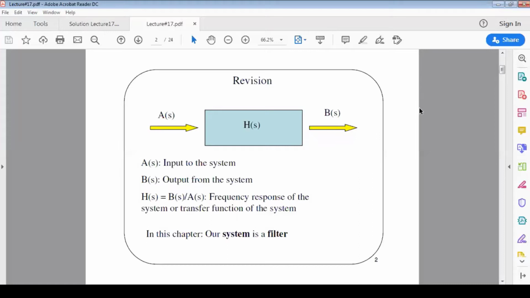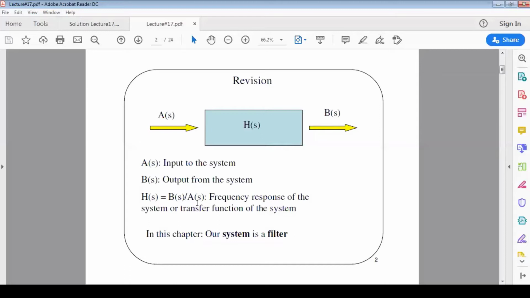Okay, going back to this diagram, if we have a system H(s), we have the input A(s) and the output B(s), okay? So we can see that the transfer function or the frequency response of the system is simply a ratio of the output, B(s), over the input, A(s).